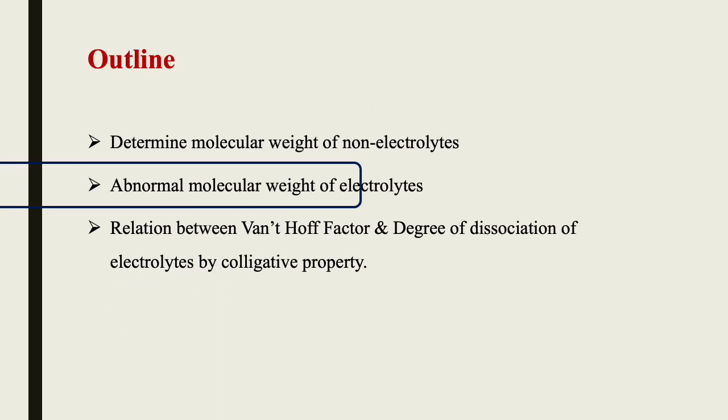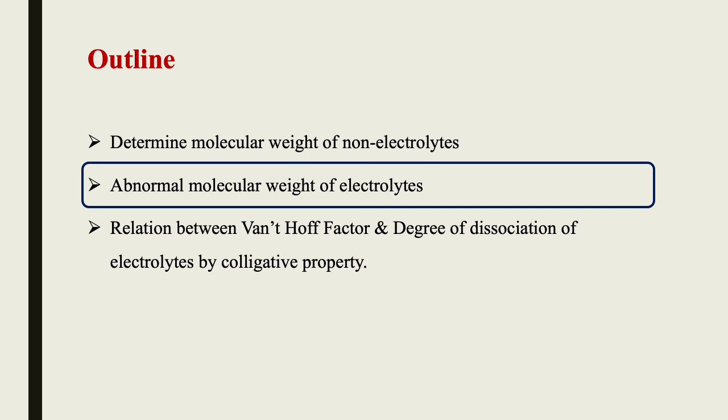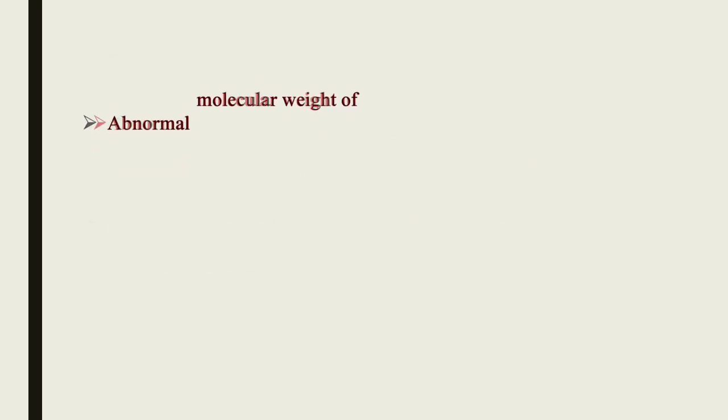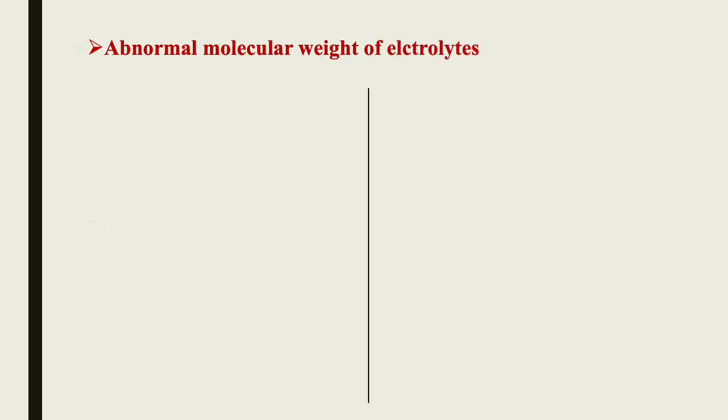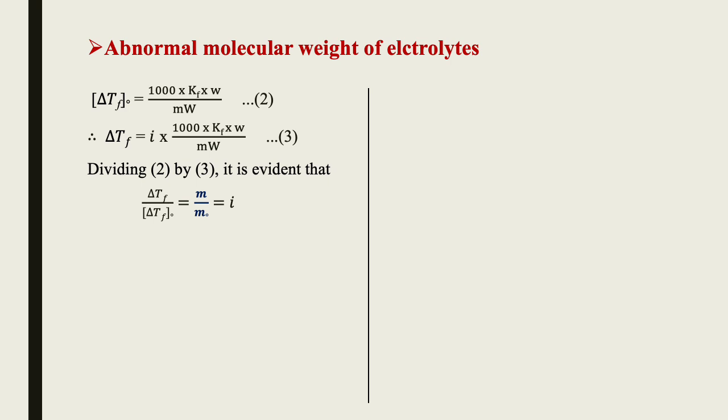Now we are moving to the next point, that is abnormal molecular weight of electrolytes. Now we will calculate the molecular weight of the electrolytes. Why they are saying abnormal, we are going to see over here. From the previous equations, equation 2 and equation 3, if you divide equation 2 by 3, it is evident that delta TF divided by delta TF naught will always be equal to m by m naught, and that will be equal to iota.